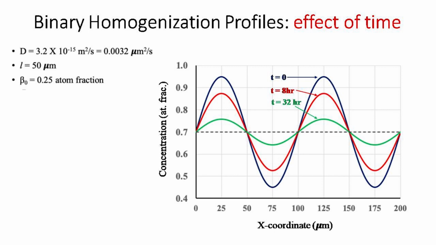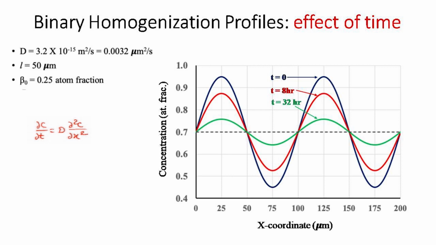If we consider a particular period, let us look at the two sides of the half of the period. On the left side you will see the curvature of the profile is negative, and for constant diffusion coefficient we know ∂c/∂t equals D times ∂²c/∂x². If the curvature is negative, it means ∂c/∂t is negative, which means the concentration should drop.